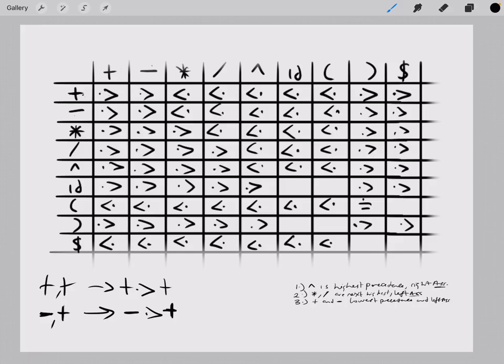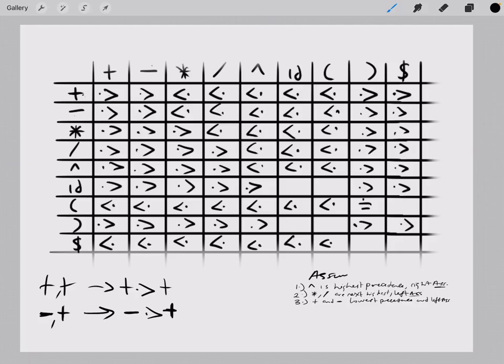Since minus is coming first from the left, minus takes more precedence over plus. This is not PEMDAS. This is us creating a table that we are working with for our operator precedence parser, and it might look different, but some things are primary to note. This was because there's an assumption.